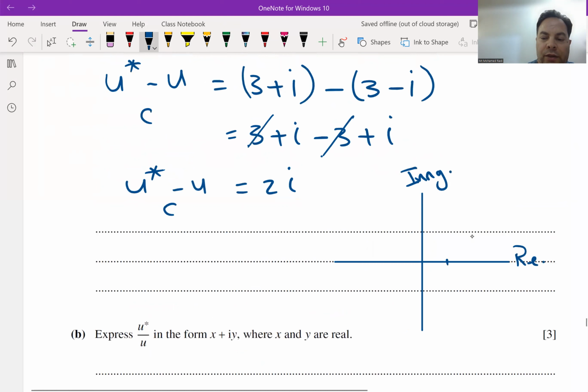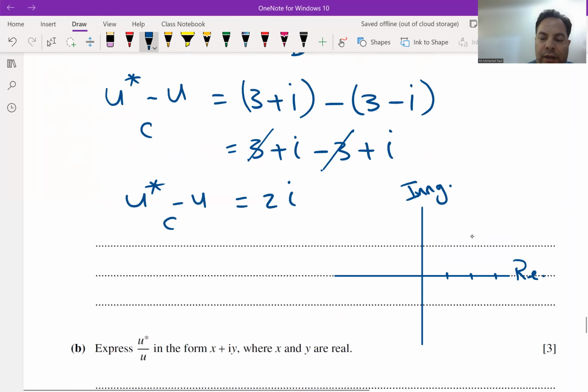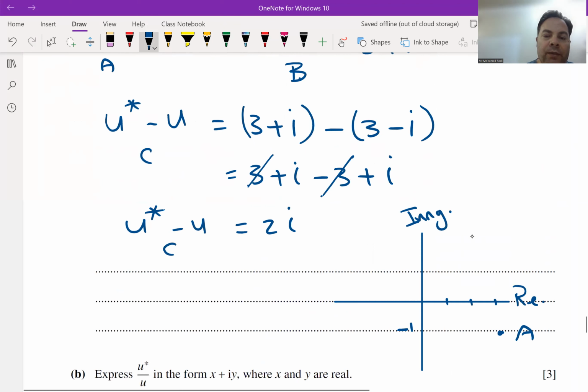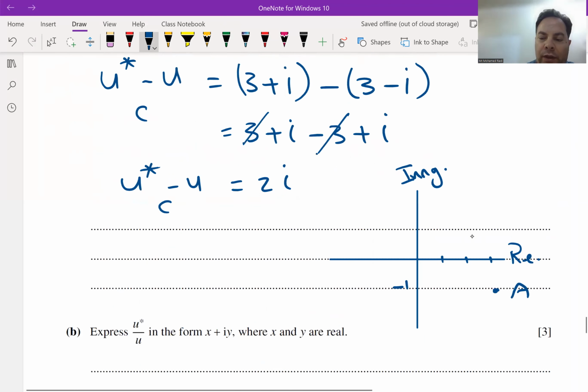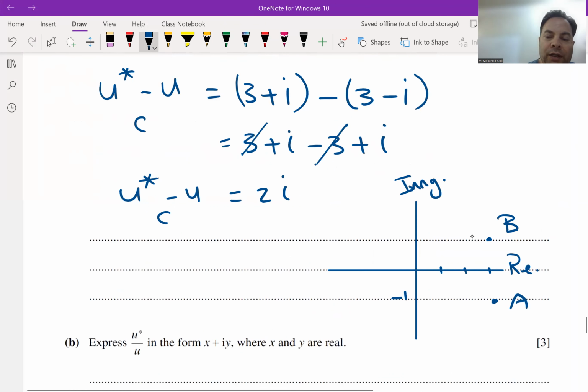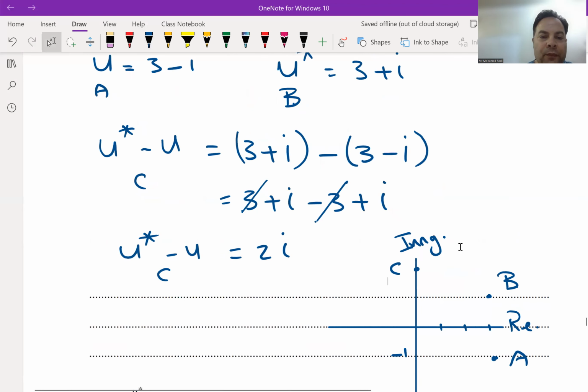Let's say 1, 2, 3, 3 and minus i. This represents minus 1i, which is point A. Point B, 3 plus 1i. This is point B. And C represents 2i. This represents C, which is 2i.